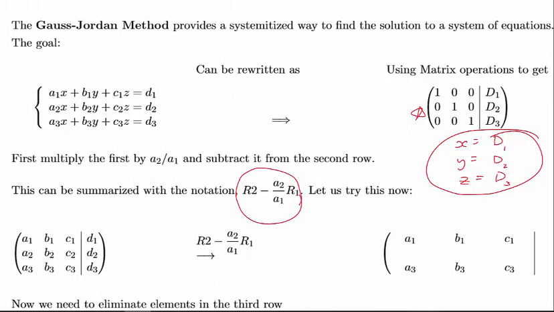R2 is going to become row 2 minus A2 over A1 times row 1. And whichever row is getting replaced by the operation, you write that one first. So for instance, here we are replacing row 2, and we will be multiplying each one of these guys here by A2 over A1.